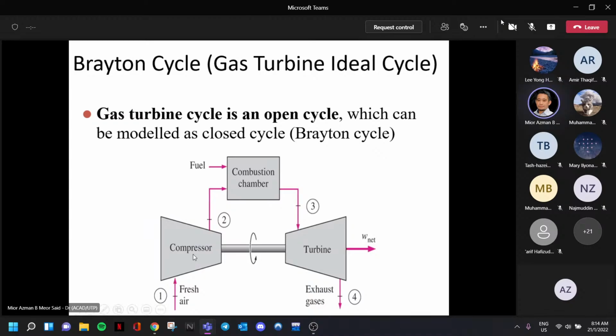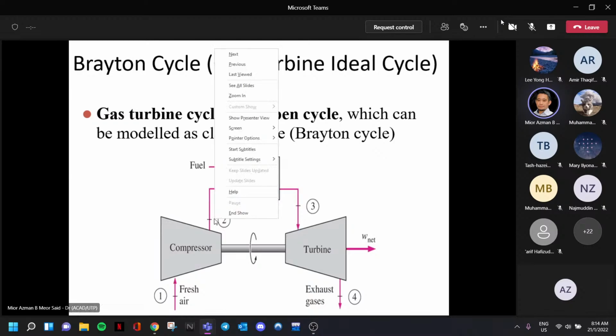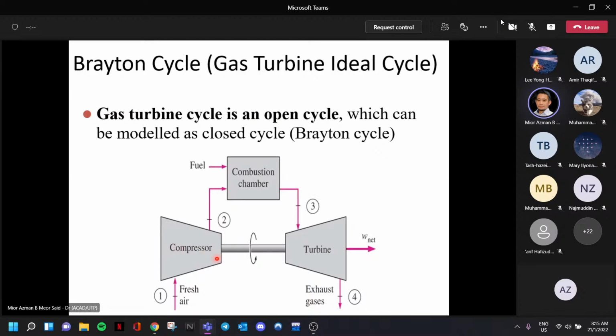Like what is shown here, you have fresh air going to the compressor, and the compressor increases the pressure, and then it goes into the combustion chamber. In the combustion chamber, fuel is combusted, so energy goes into your working fluid.